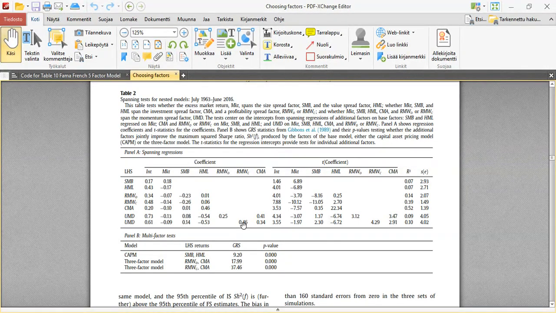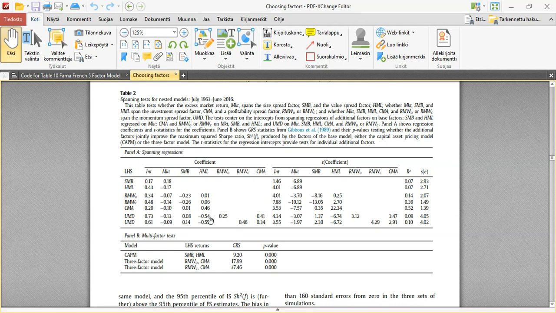Whatever you use, you have the same conclusion, because the intercept terms of 0.73 or 0.61 are statistically significant. On the right-hand side, the t-statistics of 4.34 and 3.55 are much higher than 1.96, indicating that these are significant, irrespective of which type of profitability factor you use in your model.